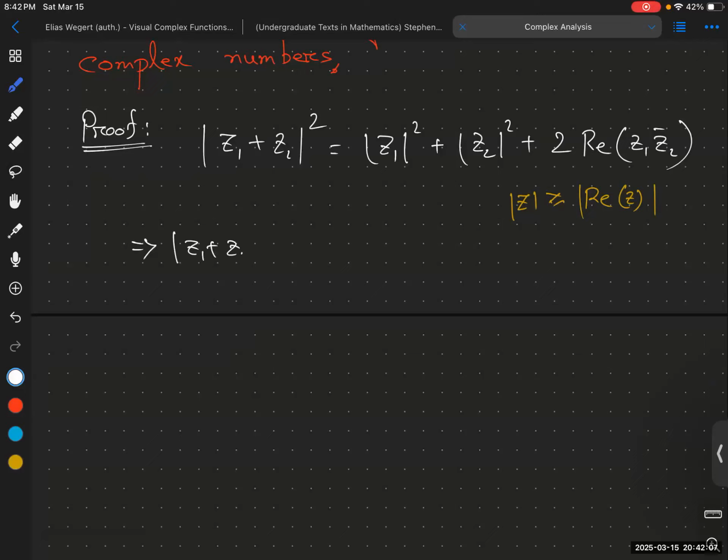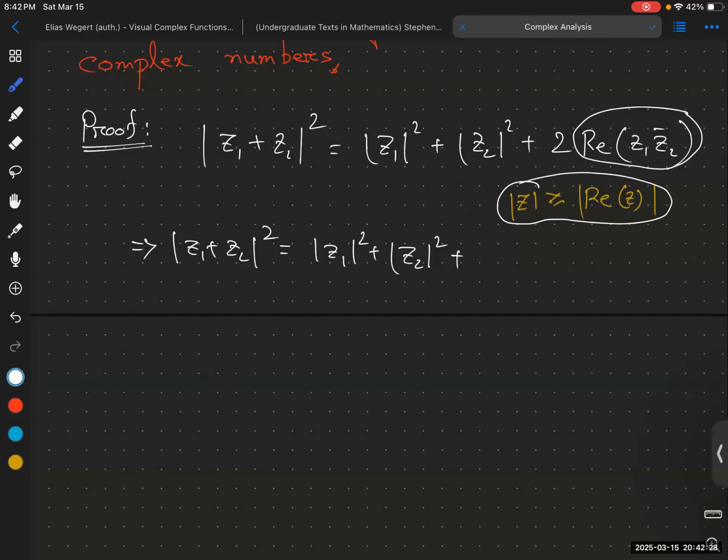|z1 + z2|² is basically |z1|² + |z2|² plus. So from here we can see this real part, but if we just replaced it with something like this one, what will happen?